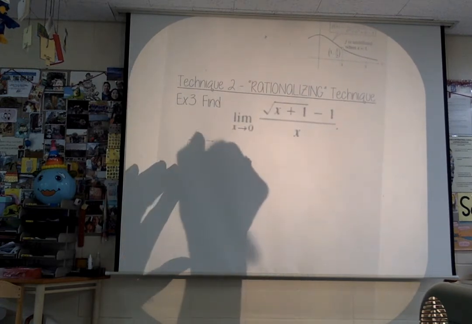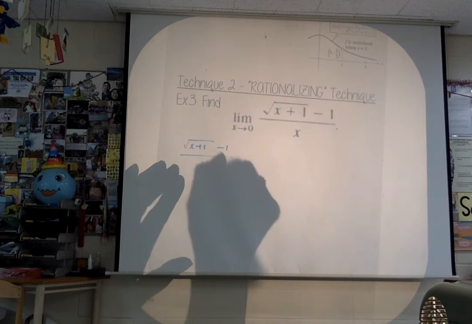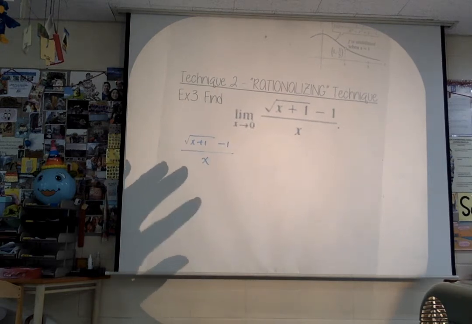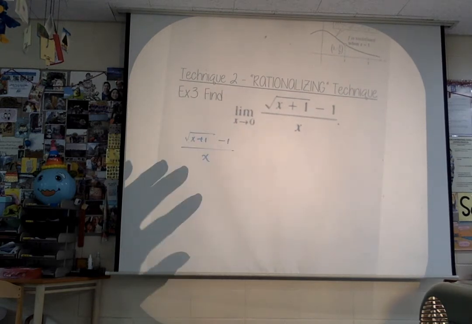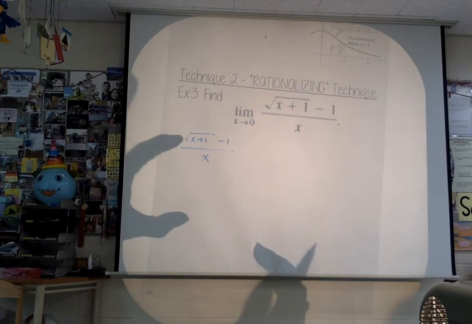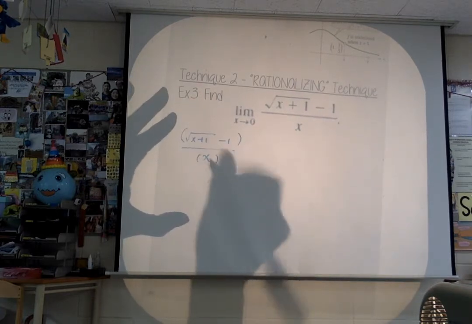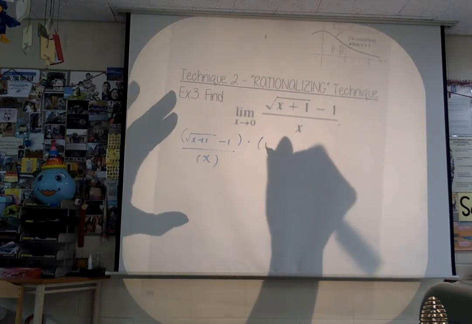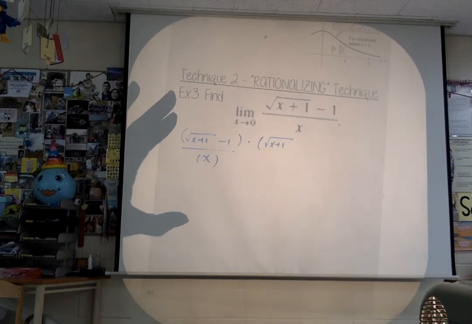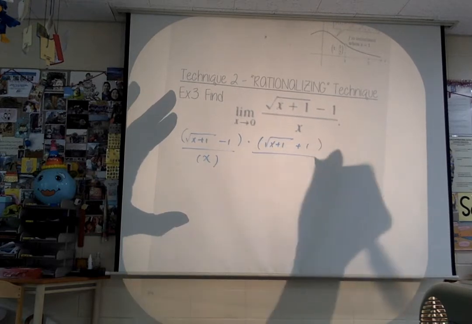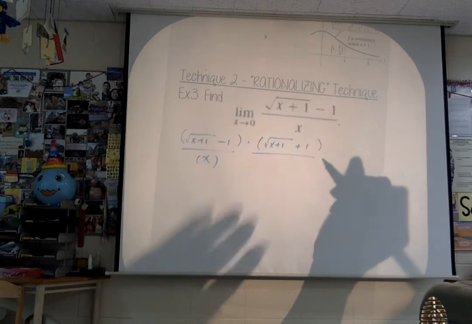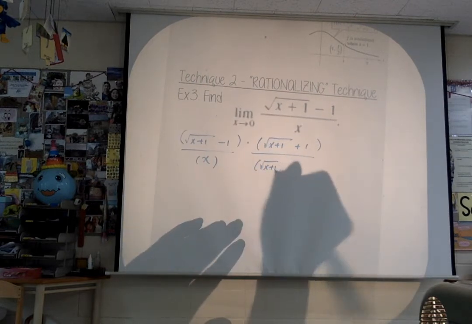You see how we have the square root of x plus 1 minus 1? You remember how you used to rationalize the denominator? Well, now you're going to rationalize the numerator. So what's the conjugate of this? Remember, the square root is a package, so you're going to rationalize it by multiplying by the square root of x plus 1 plus 1. Remember, a minus b, a plus b, right? Same thing to the numerator and denominator.